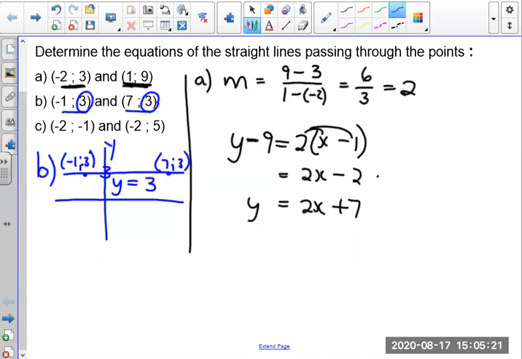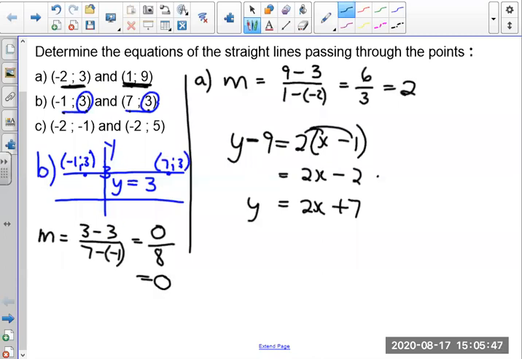If you didn't see it, and you calculated the gradient, and you said y minus y over x minus x, can you see what you get? 0 over 8. And 0 divided by anything is still 0.